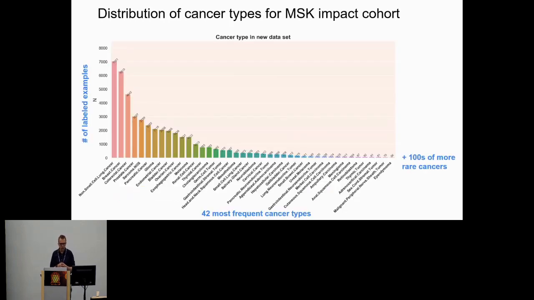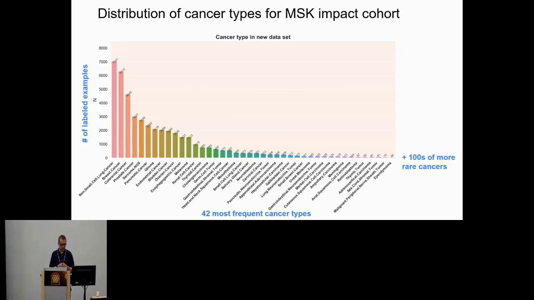So the thing that was different about deploying a classifier in a clinical setting is you don't get to control what your patient population is. You get the people who show up at your door, and the people who show up at Memorial Sloan Kettering, their cancer type distributions are extremely skewed.